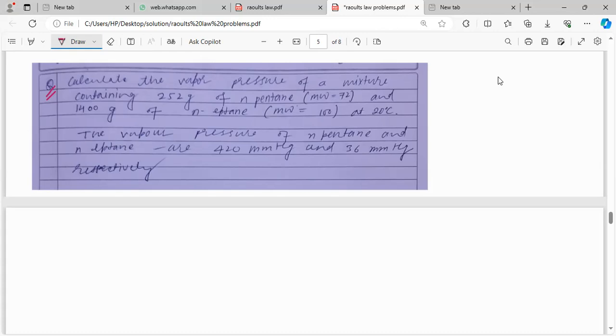A formula is not required, the molar mass is already given. Still, pentane is C5H12, that is 60 plus 12, which is 72. So whatever is given is correct. Heptane is C7H16, so 84 plus 16 is 100. No need to calculate, it is already given.